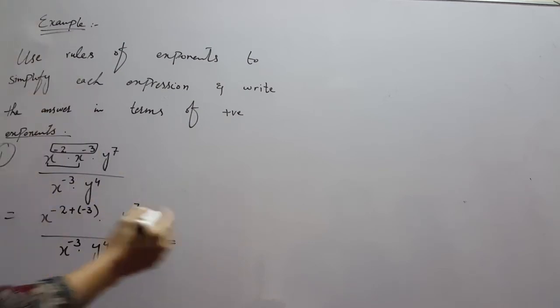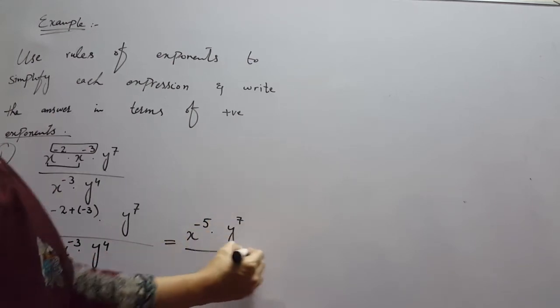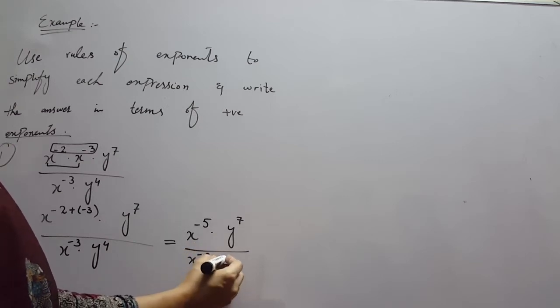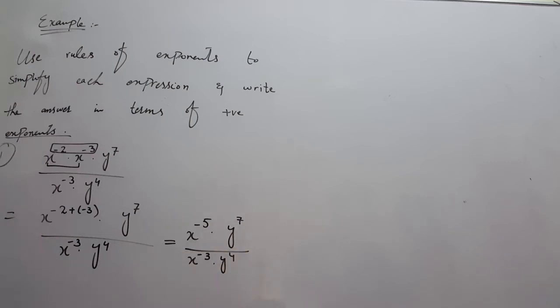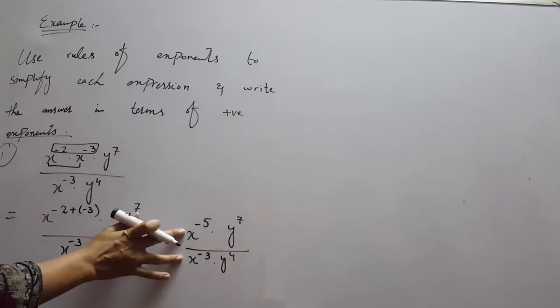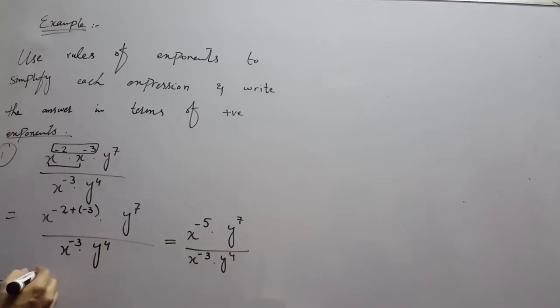So it will be equal to x raised to power minus 5, y raised to power 7, divided by x raised to power minus 3 and y raised to power 4. Here the base is the same, x and x, but they are divided, so we write x raised to power minus 5 plus 3. Why plus 3?